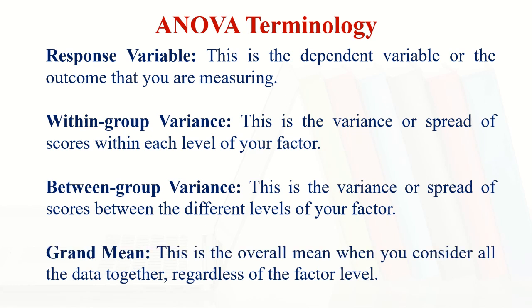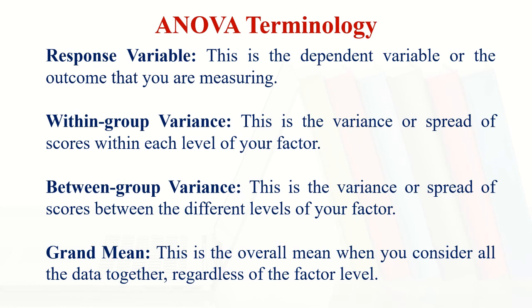Grand mean. The grand mean is the overall mean. For example, section A, section B, section C. In section A there are 15 students, section B there are 20 students, section C there are 25 students. Total of all these students' marks we will add and divide by the total number of students, and that is known as the grand mean.